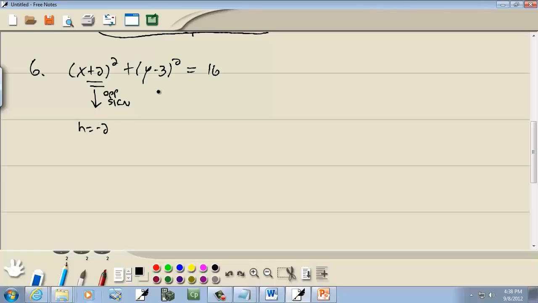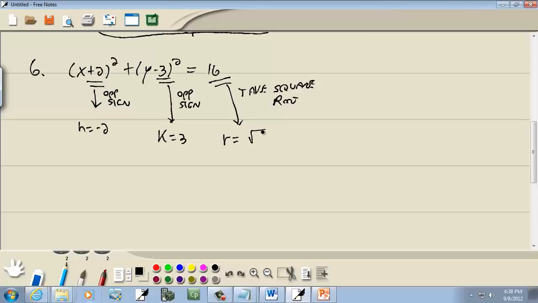So h is -2. Now this is going to be our k, and it'll also be opposite sign. So k is going to equal positive 3. And this is going to be r, and we're going to take the square root of it. So r is going to equal square root of 16, which gives us 4.